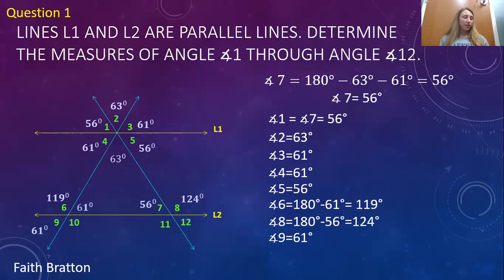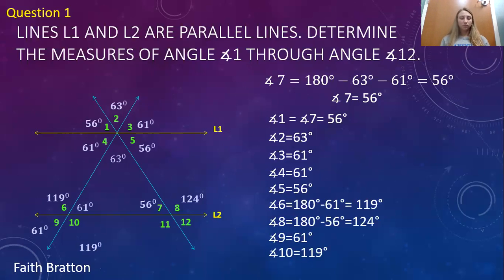Now we find angle 10. The opposite is a vertical angle, and since angle 10 and angle 6 are vertical angles, they are equal, so it's 119.